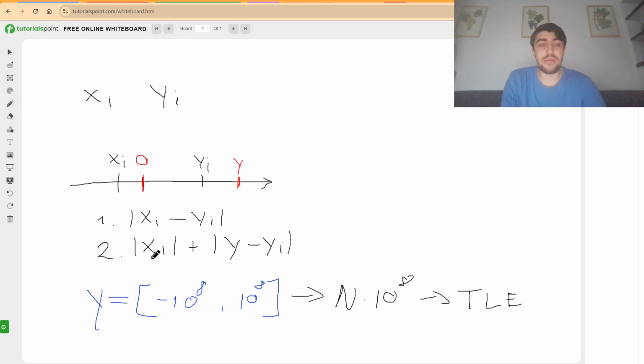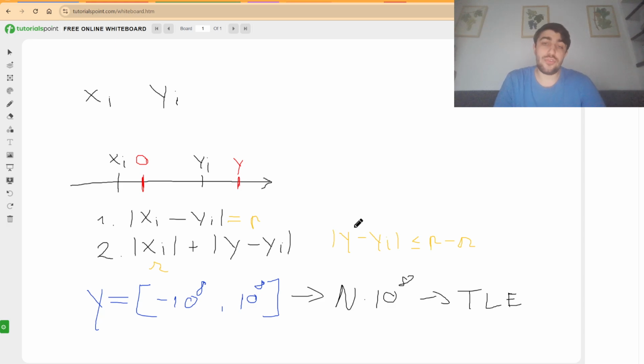So if we write a bit, and let's note this with, let's say, a p and this one with an r. We can say that the absolute value of y minus yi will be at most equal to p minus r.